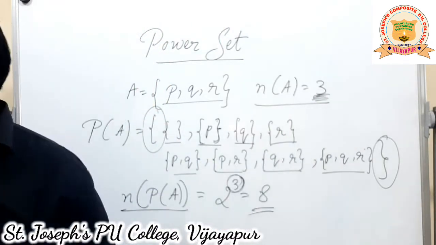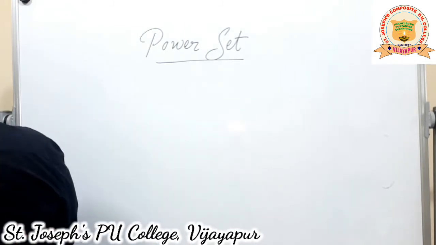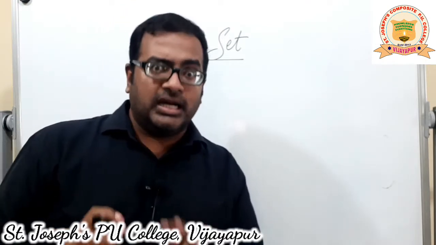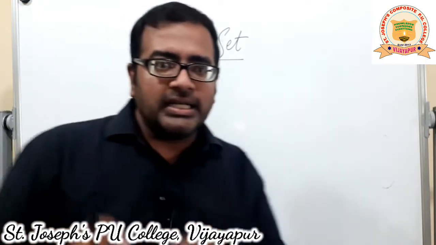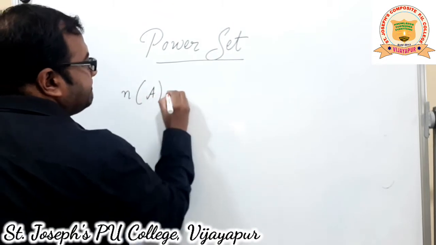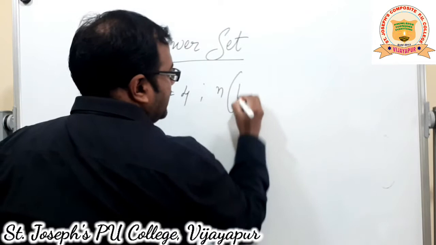So let us take a few examples directly to see the connection. I will only be giving the cardinality, not writing the elements. Looking at the cardinality, you have to decide the cardinality of the power set. Now, if n of A is equal to 4, what is n of the power set of A?